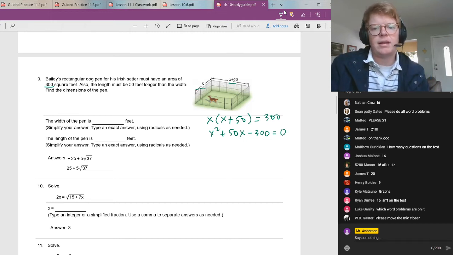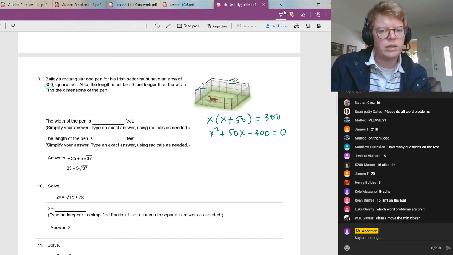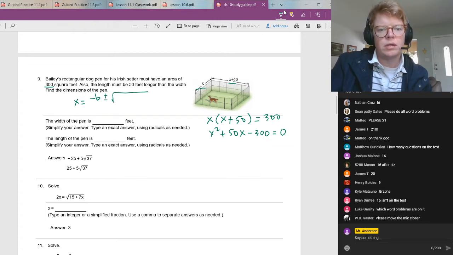And I can't think of factors of 300 that'll give me 50. So I'm just going to jump straight into the quadratic equation. So I'm going to use x equals negative b plus or minus the square root of b squared minus 4ac over 2a.